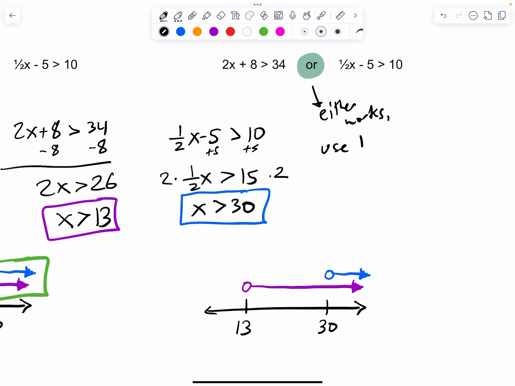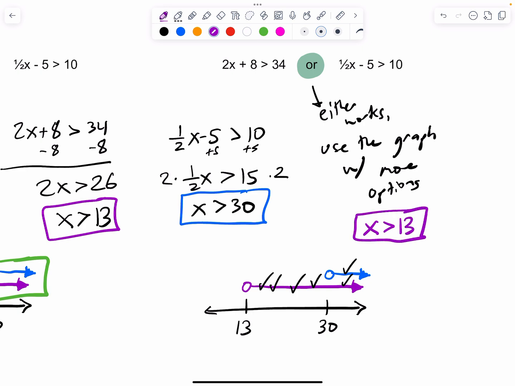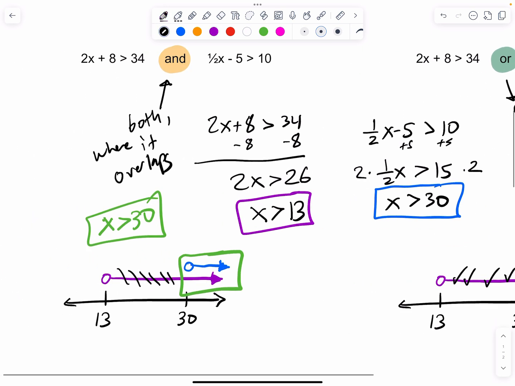So we use the graph with more options. So yes, this works, but also so does anything on here. So it would just be, well, the one that includes the most is x is greater than 13. Here's where it starts overlapping.